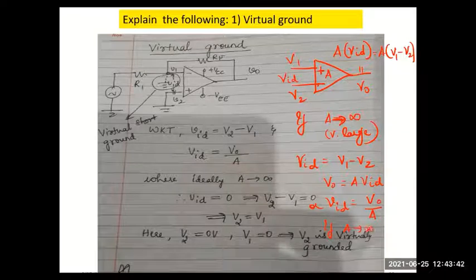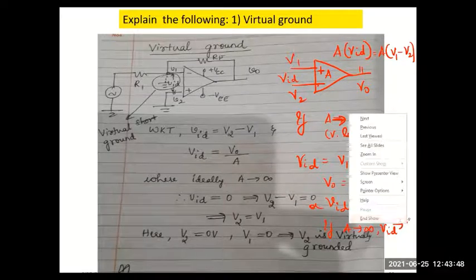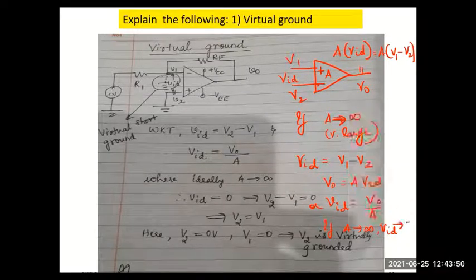It tends to 0. See, V0 is some non-zero value, and dividing a non-zero value by infinity means the quotient tends to 0.